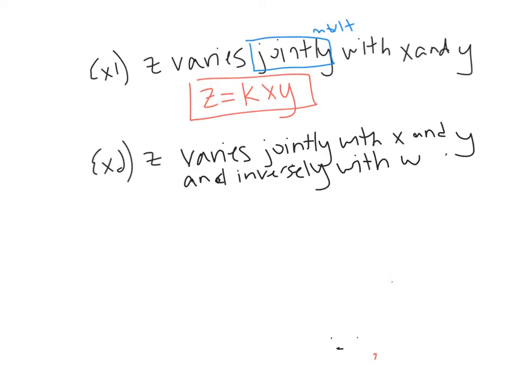Let's break it down sentence by sentence. Z varies, so that's always z equals. Jointly, what do we think of? We think of multiply. So always do your constant k, some constant k that doesn't change, jointly with x and y, so k, x, y. And inversely with w, well, inversely means divide with w. So z equals k, x, y divided by w.